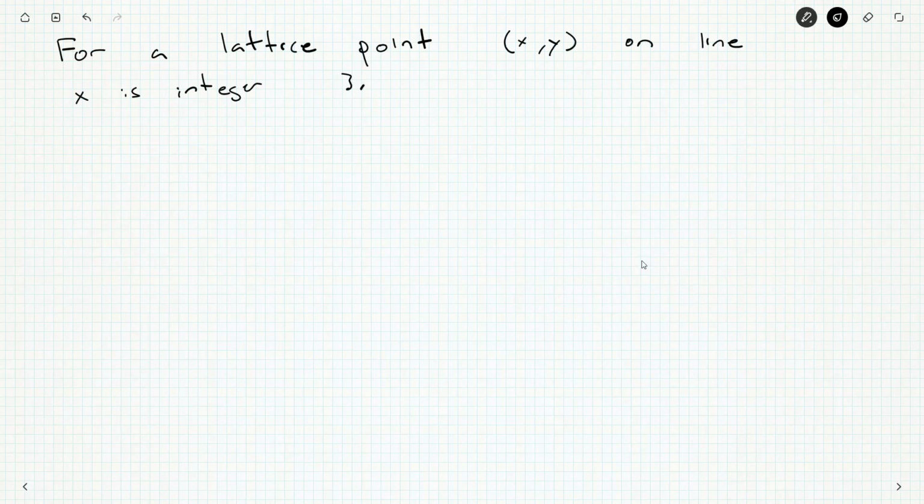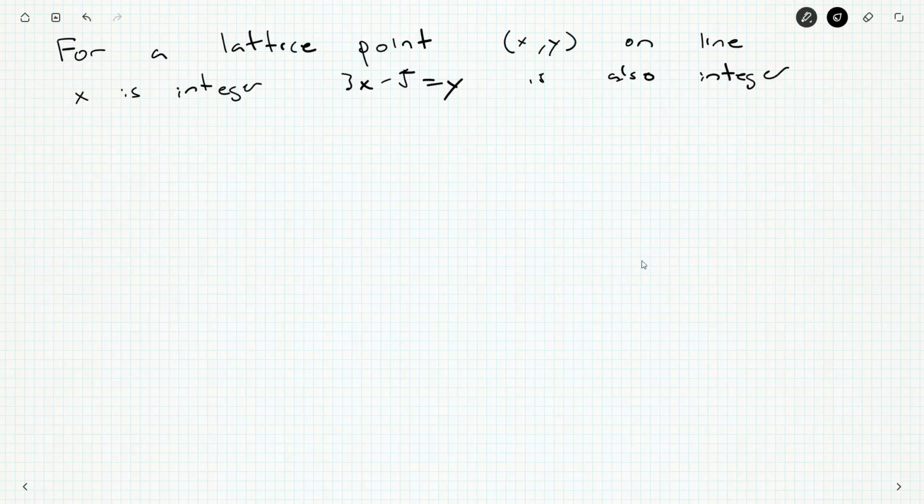Okay, so for a lattice point, I'll call it (x, y), on the line, x is an integer, and 3x minus 5 equals y is also an integer. So we're fine there.